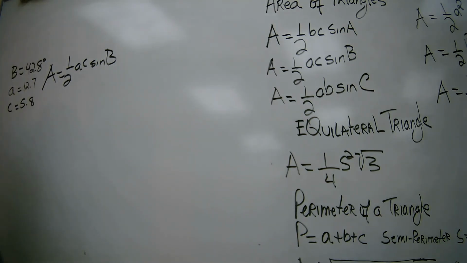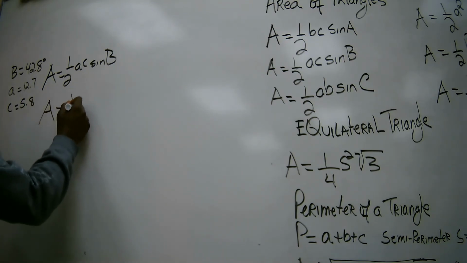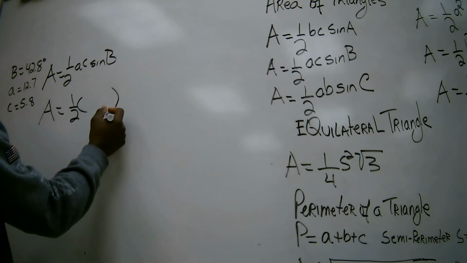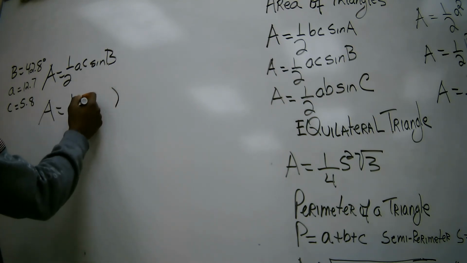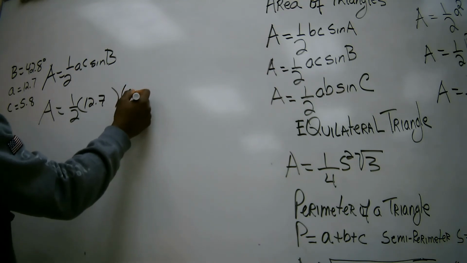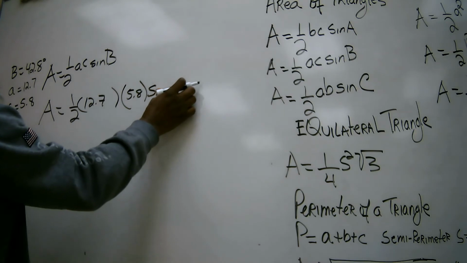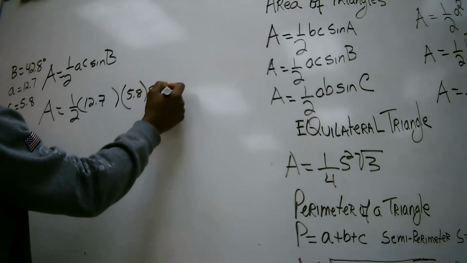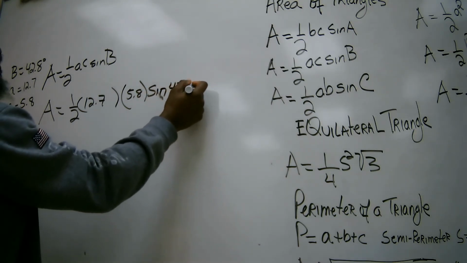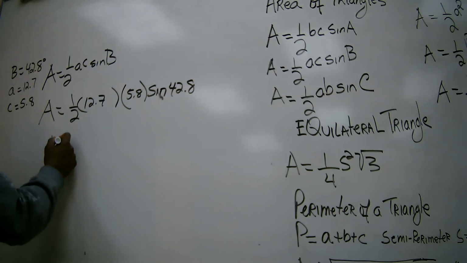Alright, so area equal 1/2. What is A? That would be 12.7 times C, which is 5.8, and sine of 42.8. So you'll have 1/2.